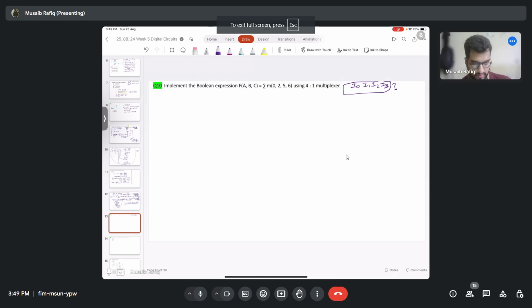Anyone with the answer? Or are you guys still doing it? So you can write the answer like this: I0, I1, I2, I3, values of each input.